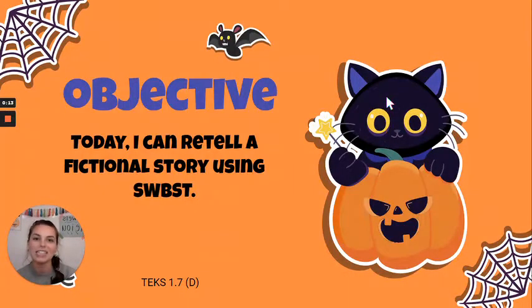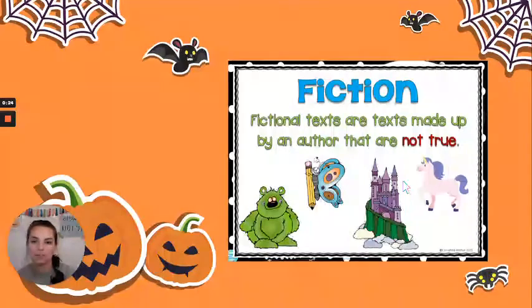Our objective says today I can retell a fictional story using SWBST, and I'm going to teach you what this means. First, let's review. Remember, fictional texts are texts made up by an author that are not true.